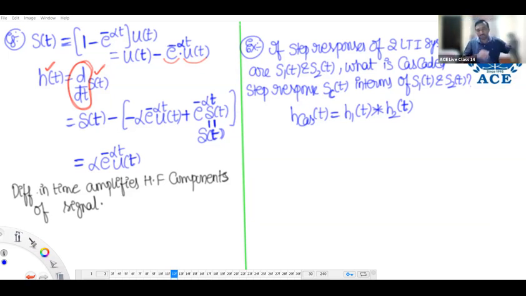Just integrate it. Integration of impulse response is called step response. If we integrate it, what will happen?